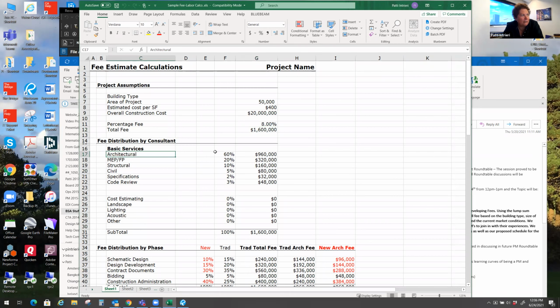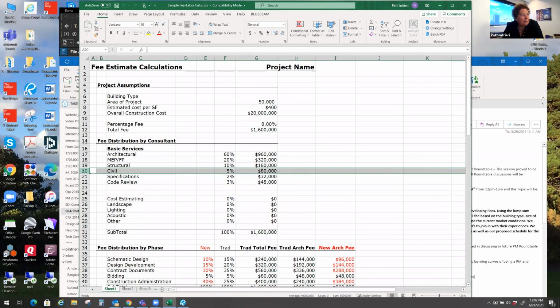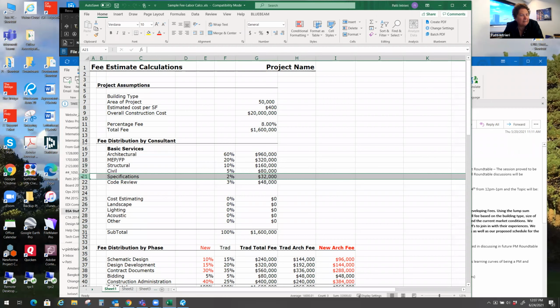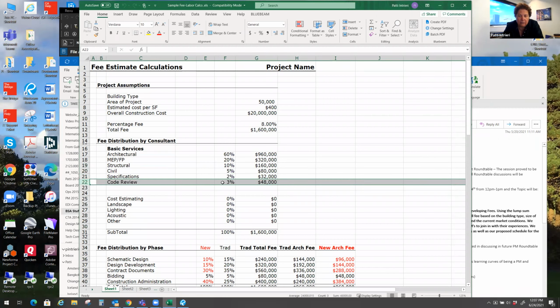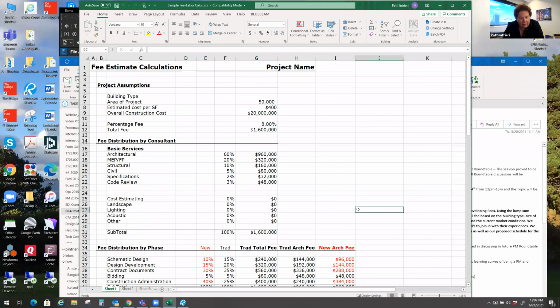So, there's the architectural fee, and let's just say we try and target 60%. MEP fees could be about 20 or 22%, depending on the building type. Structural, then we have civil, specs we include, and code we include.